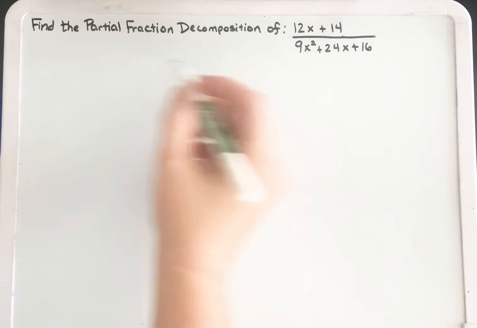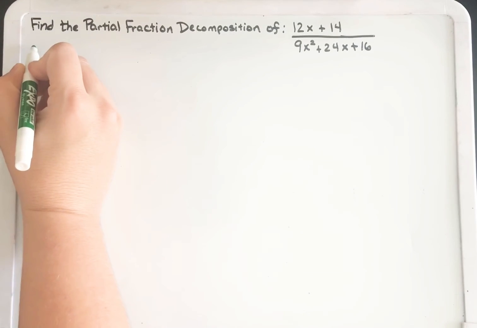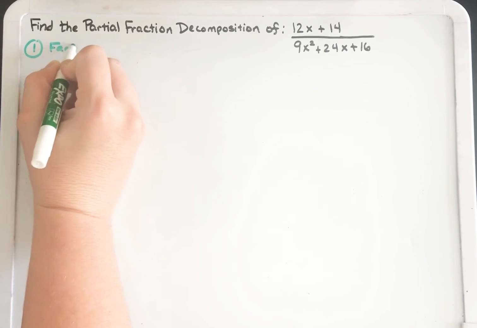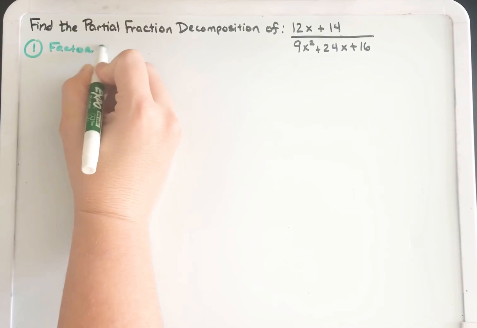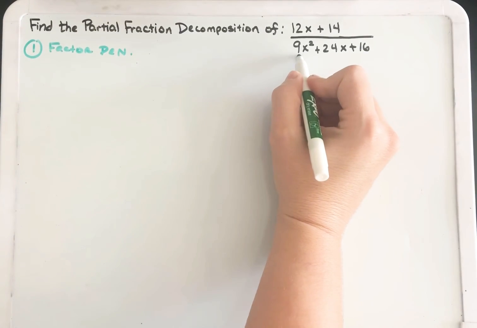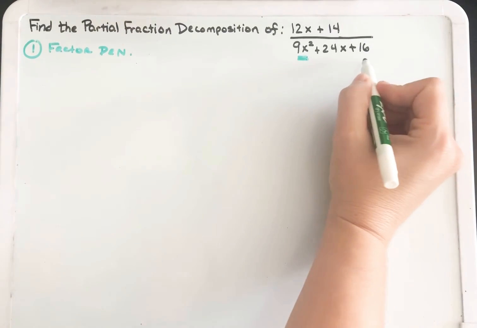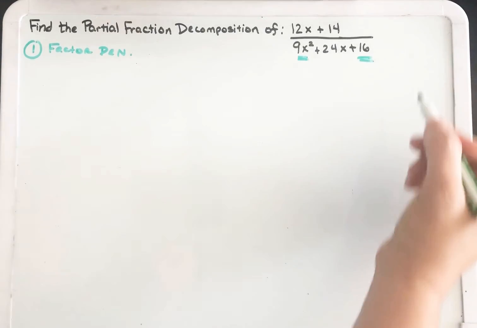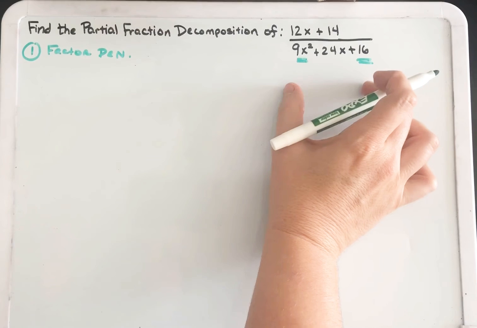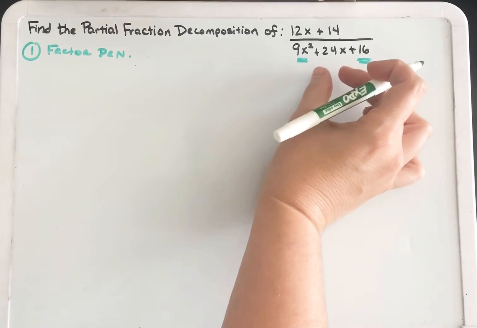So in order to do that, if you remember, the very first step was to factor your denominator. So when we do that here, notice that this is really 3x times 3x giving you 9x squared, and 4 times 4 giving you 16, and 3x times 4 when you FOIL gives you 12, and you double that, you get 24.